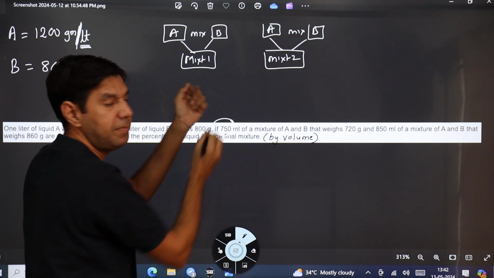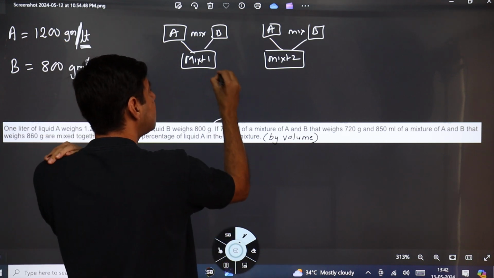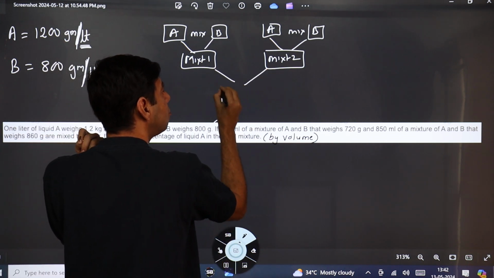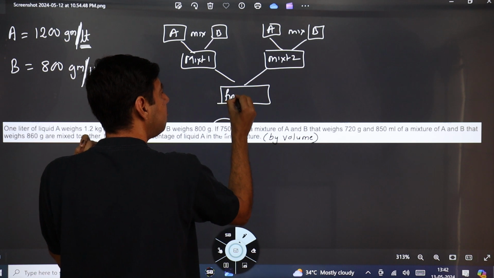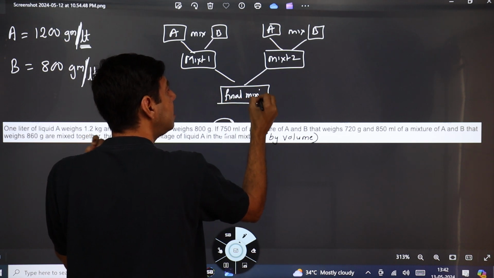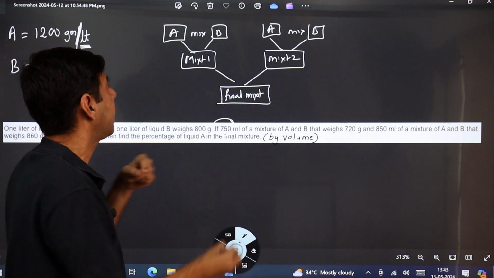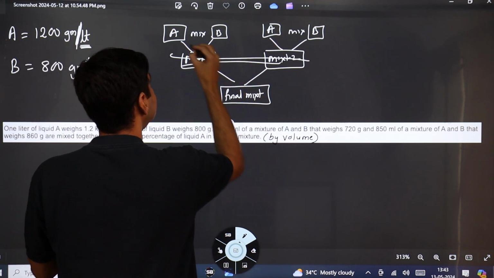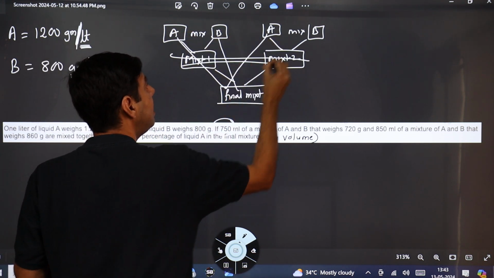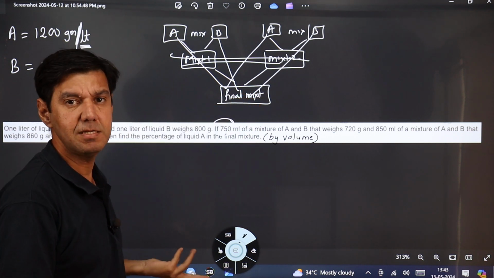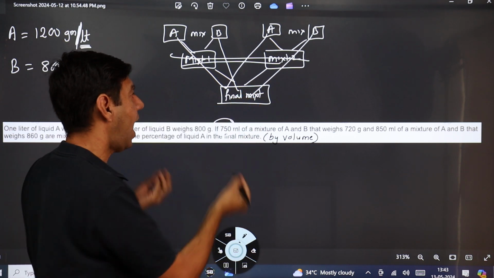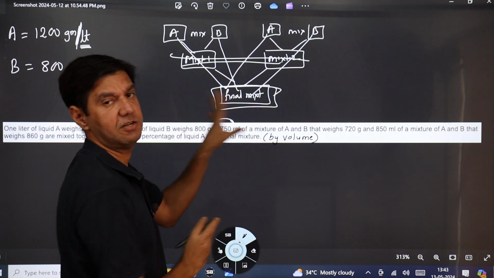Then mixture 1 and mixture 2 are mixed to give me the final mixture, right? So if this is there, why are we working on this? Can I not just eliminate this and say A and B are mixed and I get the final mixture? So I just need to do one alligation with the final mixture.